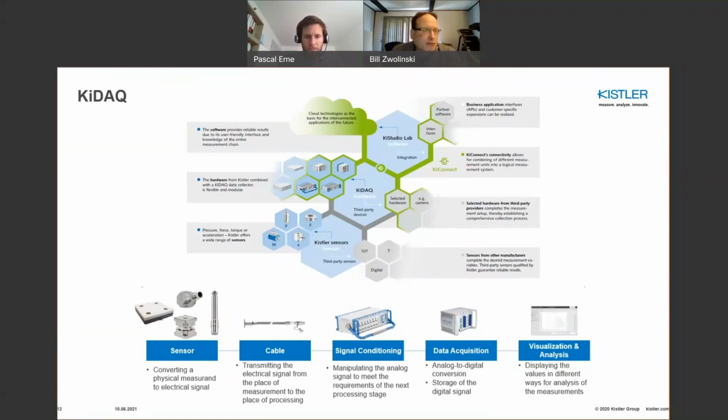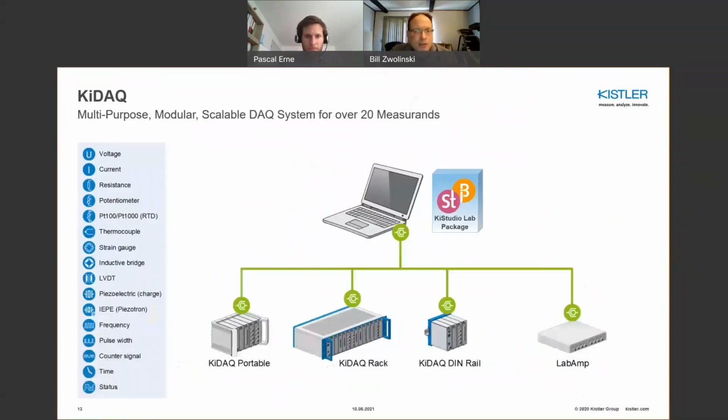Several softwares and hardware configurations can also be interfaced to, whether it be a LabAmp or other KeyDAC chassis, for example. In a hydrodynamic solution, you're not just measuring force, you're measuring a multitude of signals.